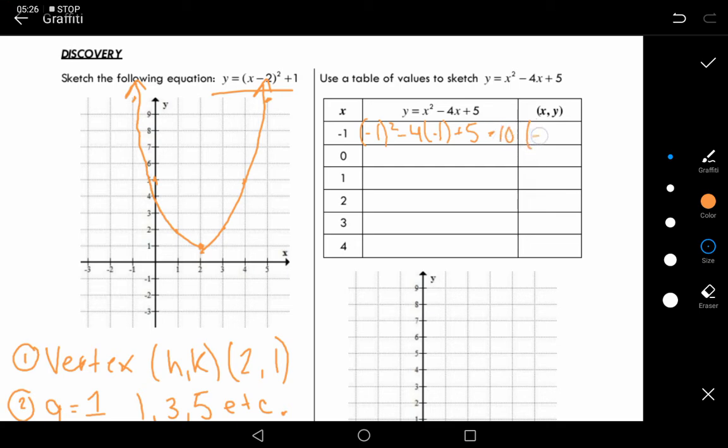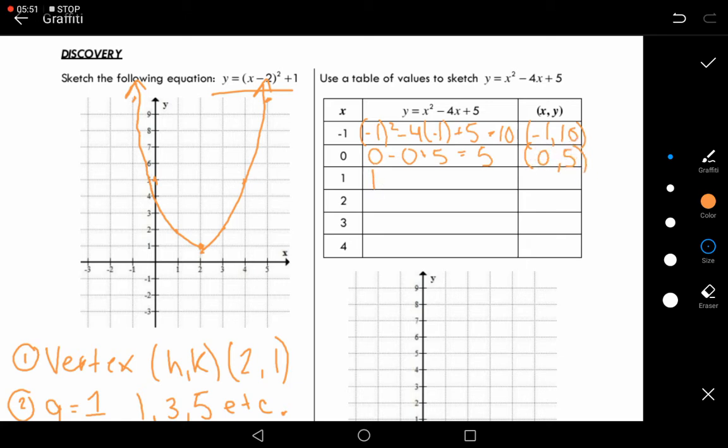So our coordinate is (-1, 10). Okay, and we're going to just keep doing the same thing. I'm not going to verbalize it every single time. 0 times itself is just going to be 0. 0 times anything is just going to be 0, plus 5. So that's going to equal 5. So we have the point (0, 5) on there as well.